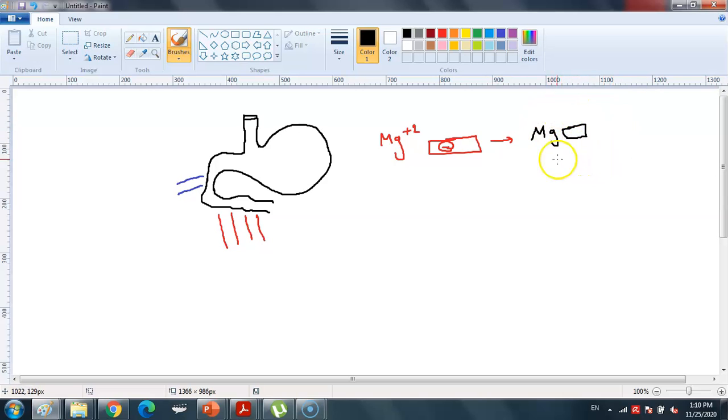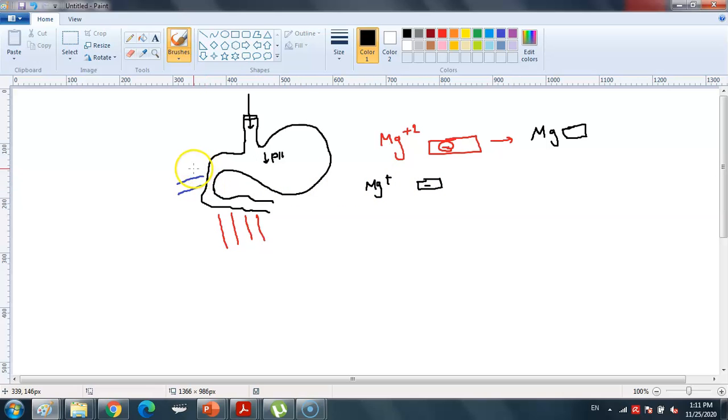So let's say that this is the stabilized form. After taking the tablet, it will go into the stomach, where the stomach acid and low pH are very important for the magnesium to disintegrate to the ionized form again and to be broken down.